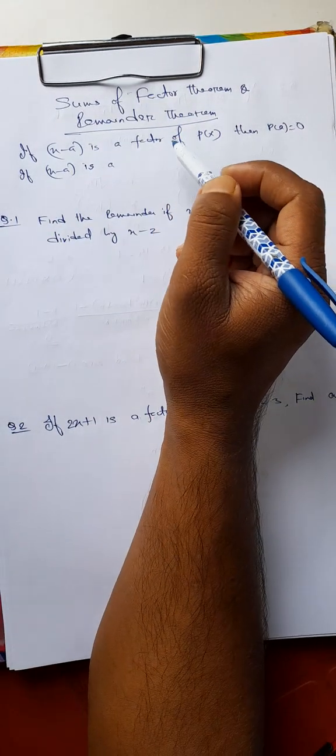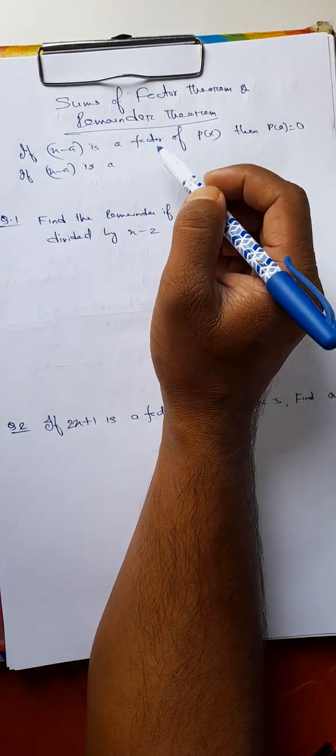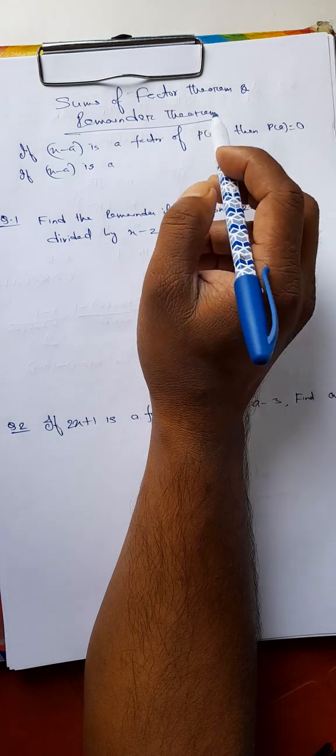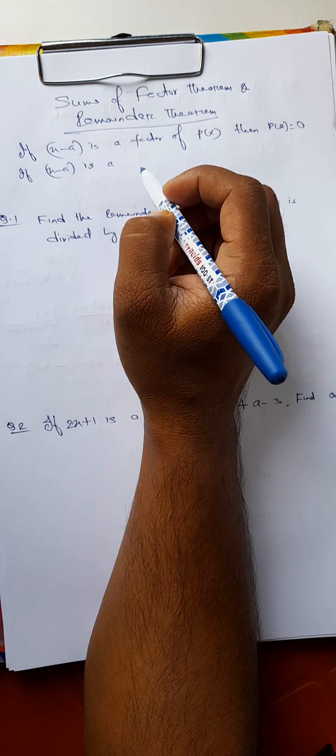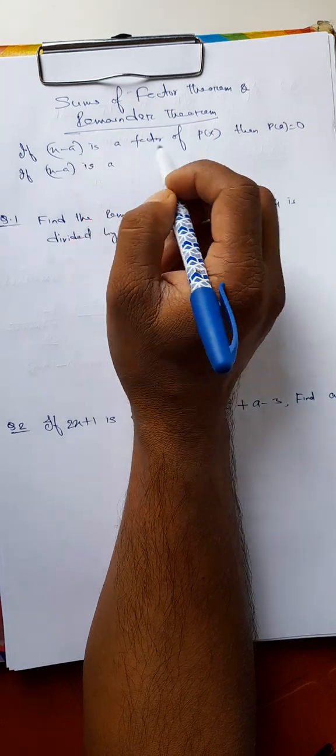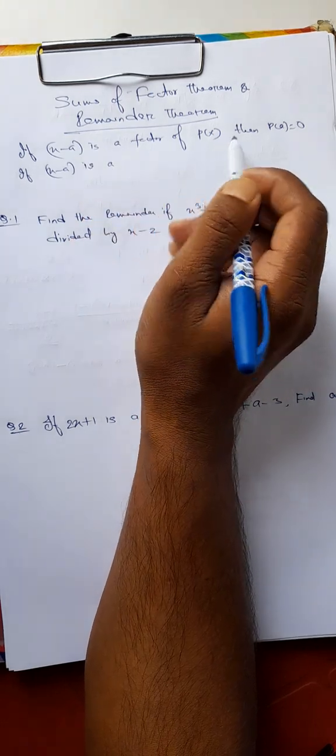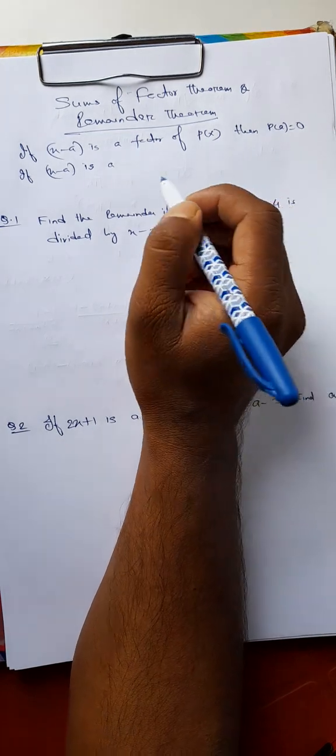Okay, viewers, here we will discuss a few important sums on factor theorem and remainder theorem. Now let us quickly recall the factor theorem and remainder theorem. If x minus a is a factor of the polynomial p(x), then p(a) equals 0.